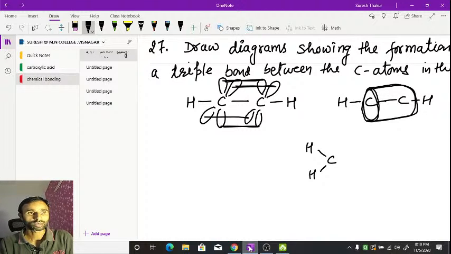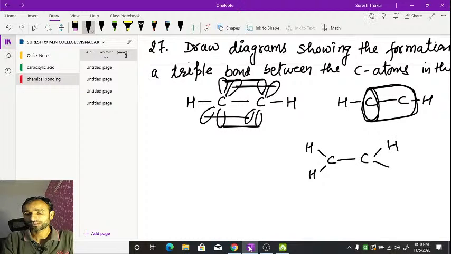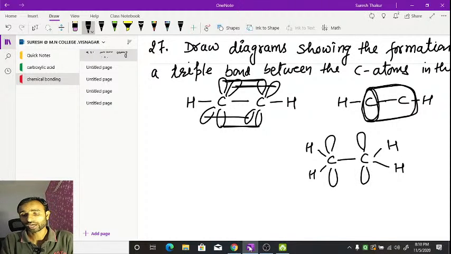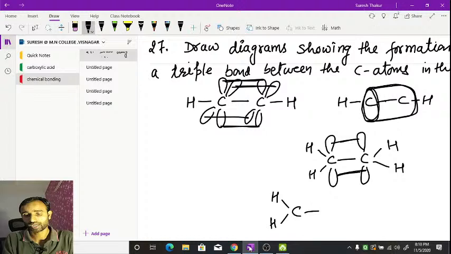So see, it is like this. There are unhybridized p orbitals on each carbon that overlap sideways. So there is one electron cloud above the plane and another cloud below the plane.